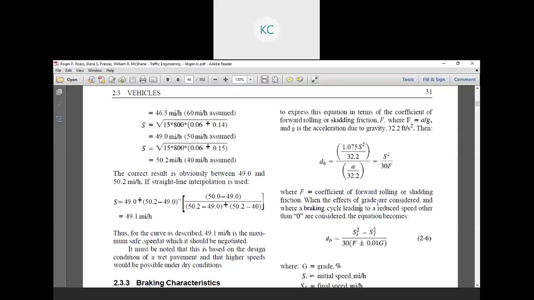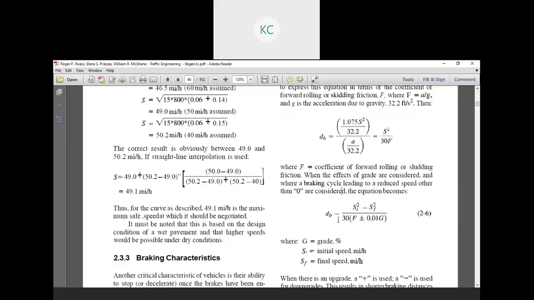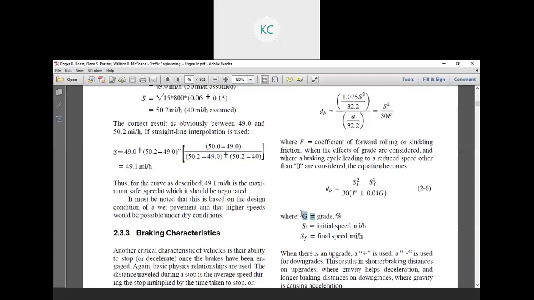When the effect of the grades is considered, and braking leads to a reduced speed other than zero, the equation is d_v is equal to s_i square minus s_f square upon 30f plus or minus 0.01 g, where g is the grade.